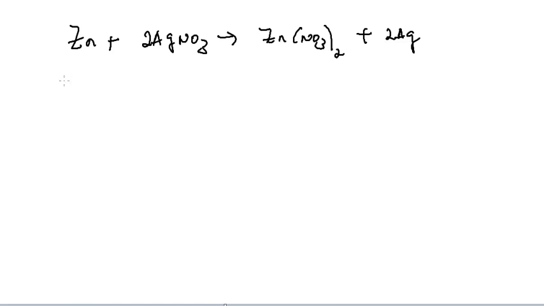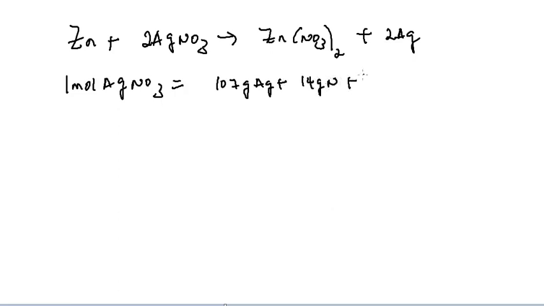So what we do is, 1 mole of silver nitrate would be equal to 107 grams of silver plus 14 grams of nitrogen plus 48 grams of oxygen. Remember that we have 3 atoms of oxygen.